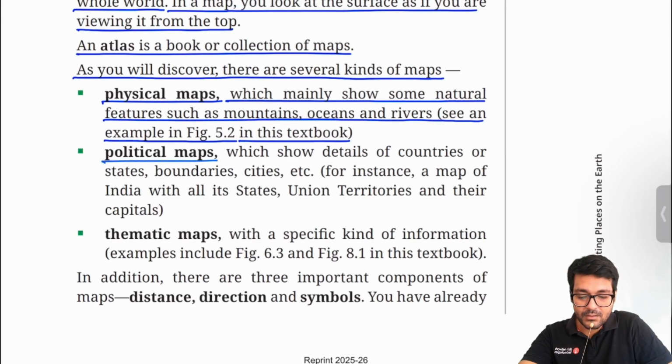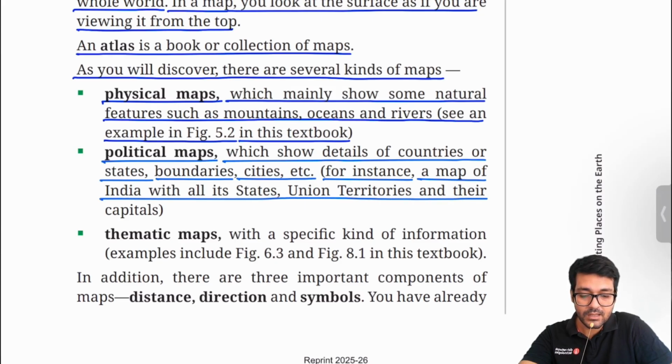Political maps, which show details of countries or states, boundaries, cities, etc. For instance, a map of India with all its states, union territories, and their capitals.